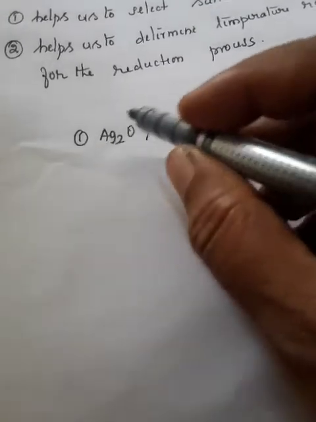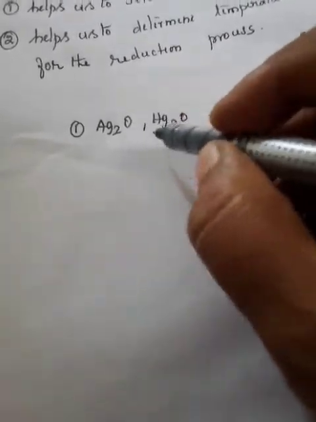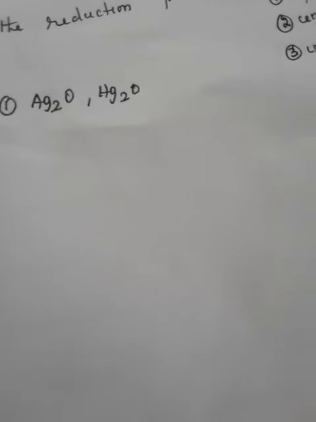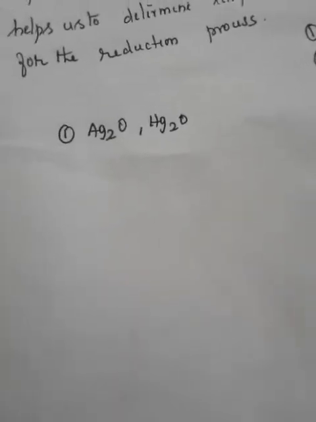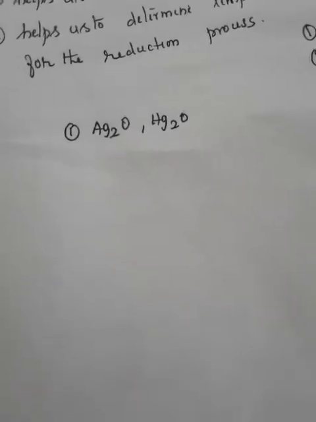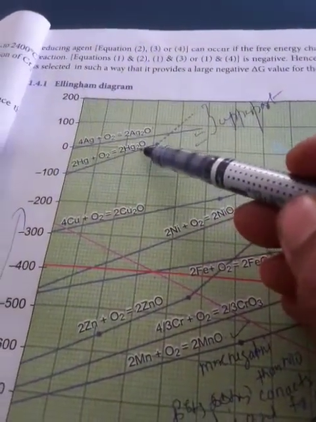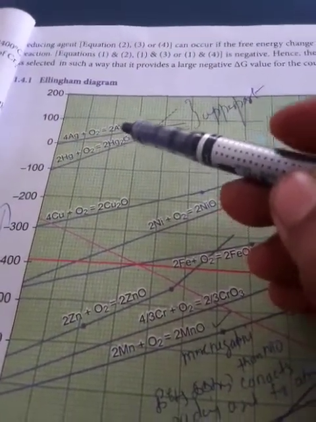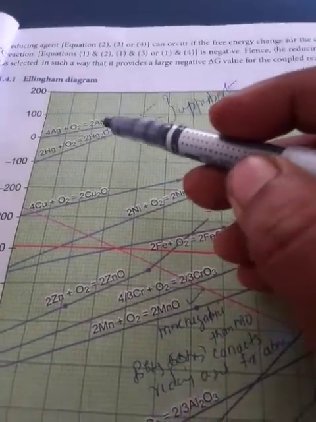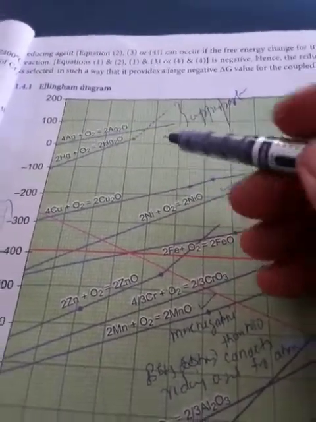So a reducing agent is not necessary for these two oxides because their decomposition temperatures are 600 and 700 Kelvin, since they are present in the upper part. The reason is the delta G naught value is less negative or even positive. So these two oxides, Ag2O and Hg2O, can be reduced only on heating; they don't need any reducing agent.